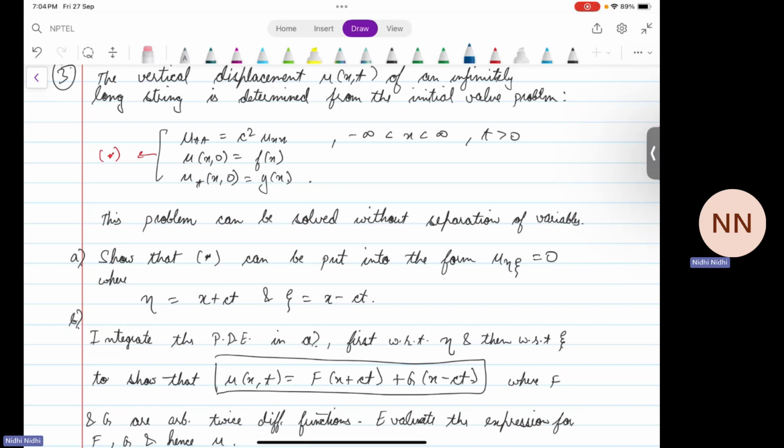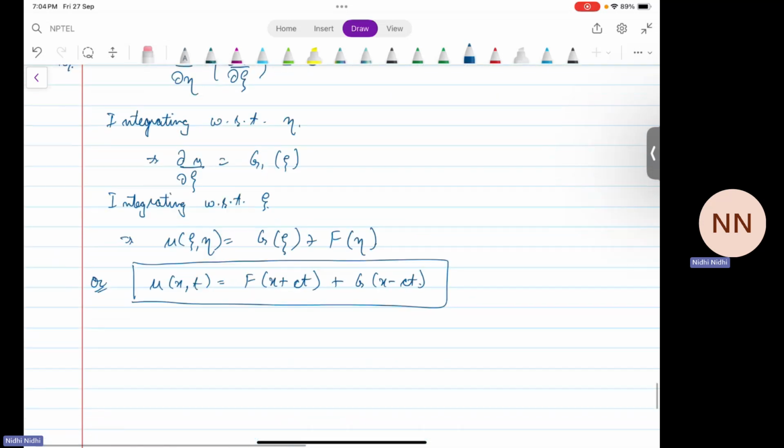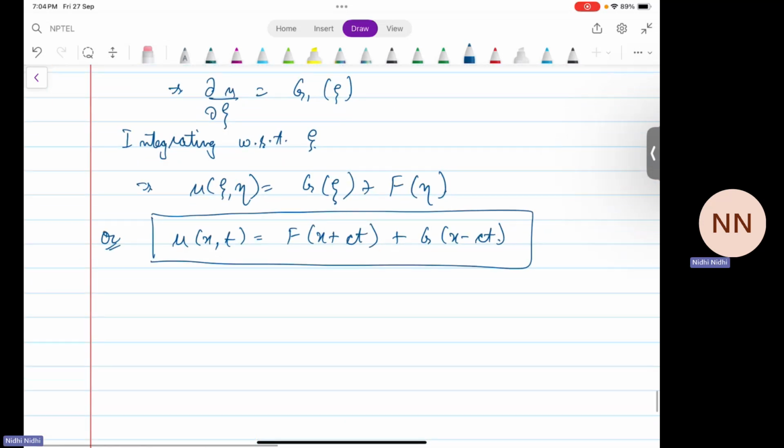So we have two initial conditions: u at x comma 0, that means at time t equal to 0, and u_t at x comma 0. So by star, we have u at x comma 0, which is f of x plus g of x.